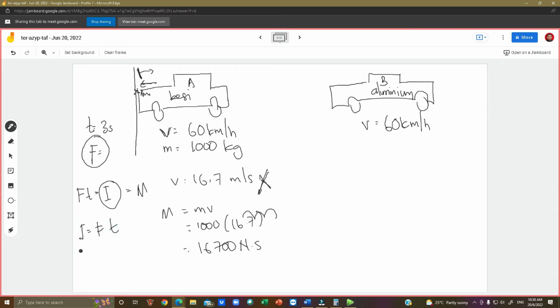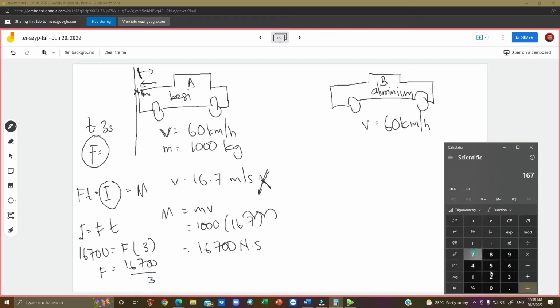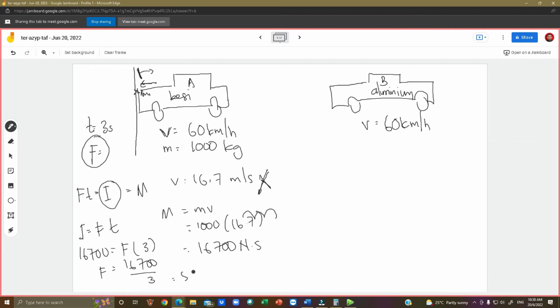Ft. So I dia ialah 16,700. F and T dia ialah 3. So F equals to 16,700 divided by 3. We have 5567 Newton.